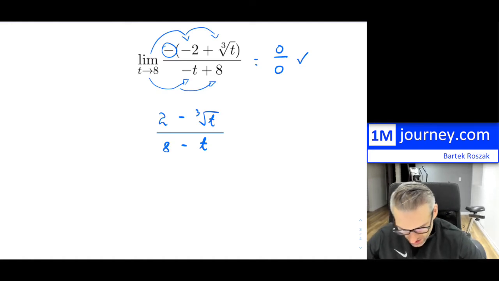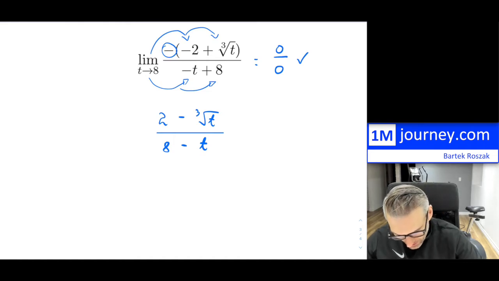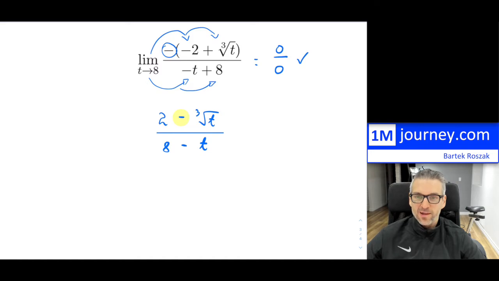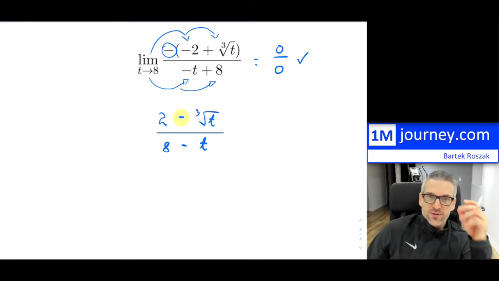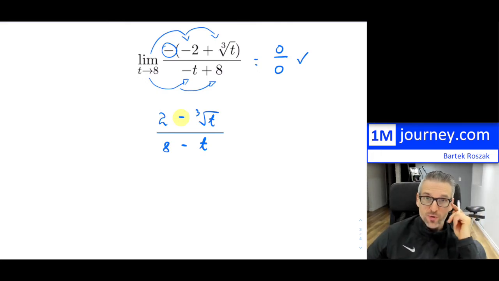And now, just like in the previous example, you might want to use the difference of squares because it's negative, right? And then you have a root. Now, the difference of squares works well on square roots, and basically on even roots.